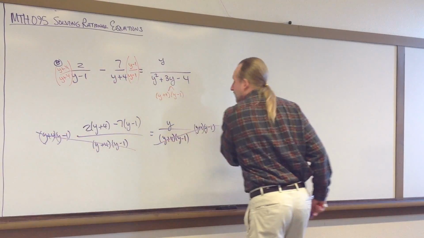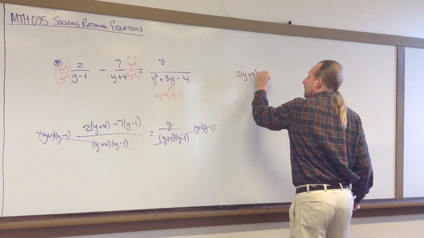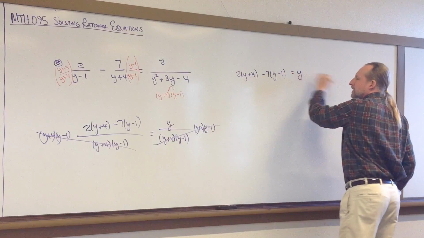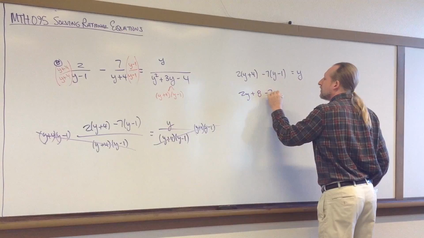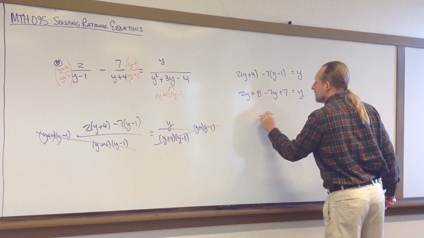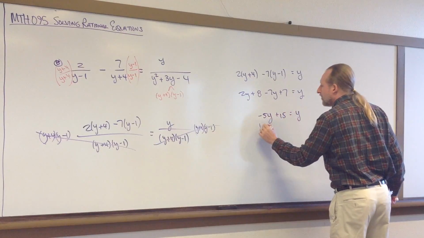These cancel, we come out of this with 2 times y plus 4 minus 7 times y minus 1 equal to y. So, 2y plus 8 minus 7y plus 7. Let's see, negative 5y plus 15.